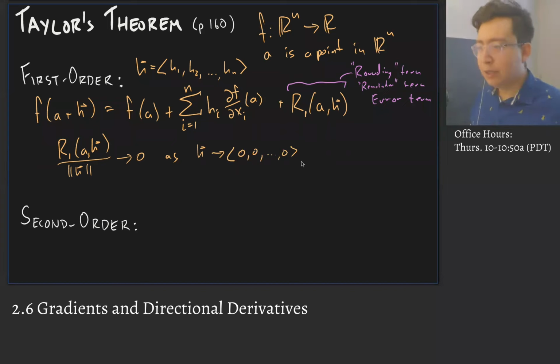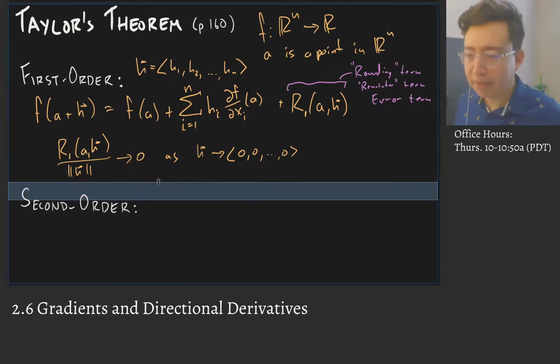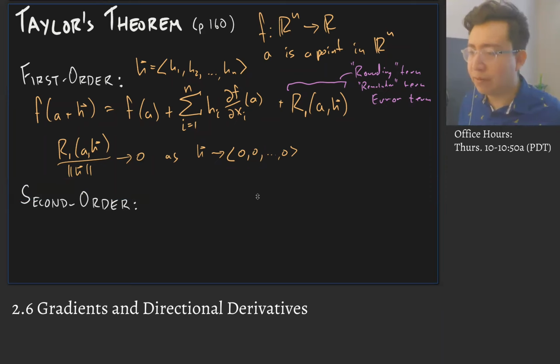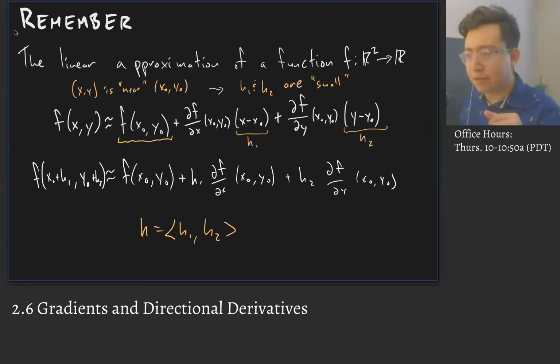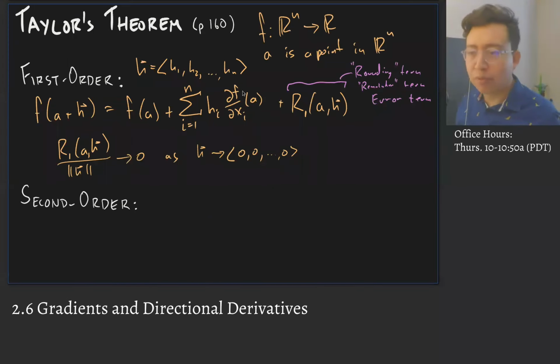Okay, so let's pause for a second before I even get to the second order stuff. Just take this in because there's a lot to handle here. The first order term is basically just linear approximation, except it's making it more rigorous. That's all it's doing. It's taking the idea of linear approximation, which we already saw when we were dealing with tangent planes a couple sections ago, and making this idea more rigorous. Instead of writing an approximation sign, I want to write an honest to goodness equal sign.